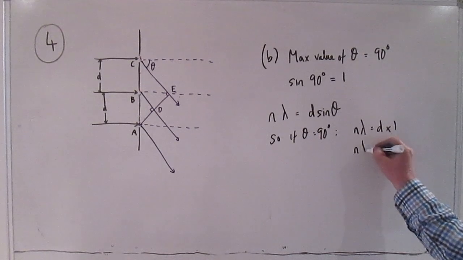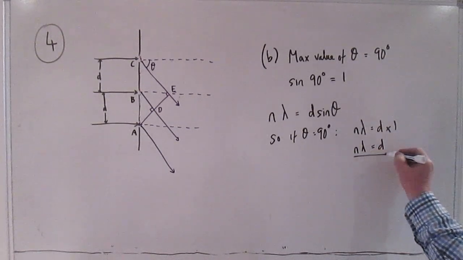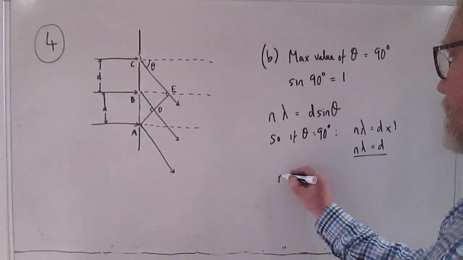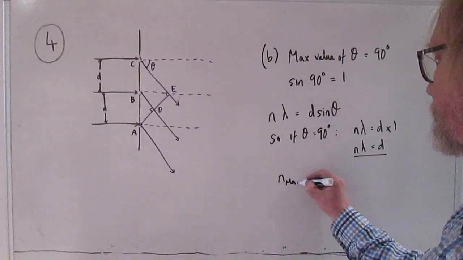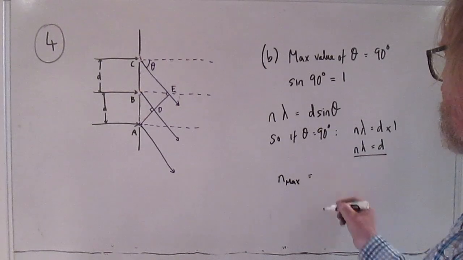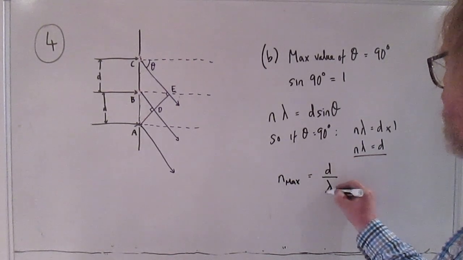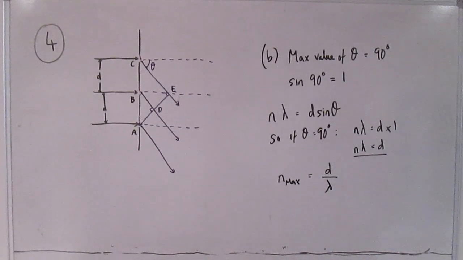In other words, n lambda is equal to d. So we can therefore deduce that the maximum value of n would be d over lambda. So then we just have to put the numbers in to figure out what that is.